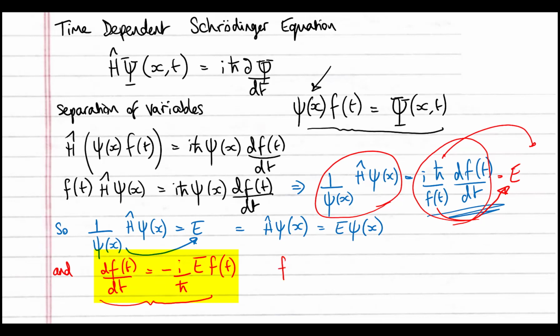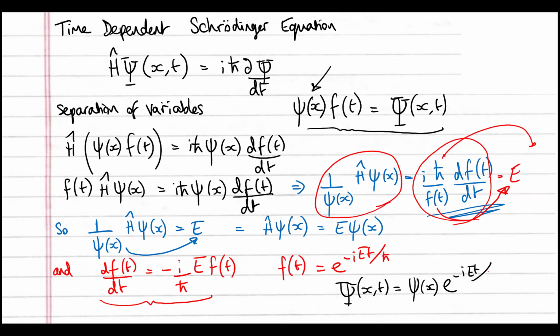And so what we can recognize here is that the solution, the time-based wave function, is equal to e to the minus i E t over h bar. And the final expression, if we want to write that all down together, our final wave function, psi of x and t, is equal to the position wave function psi of x multiplied by e to the minus i E times time over h bar.